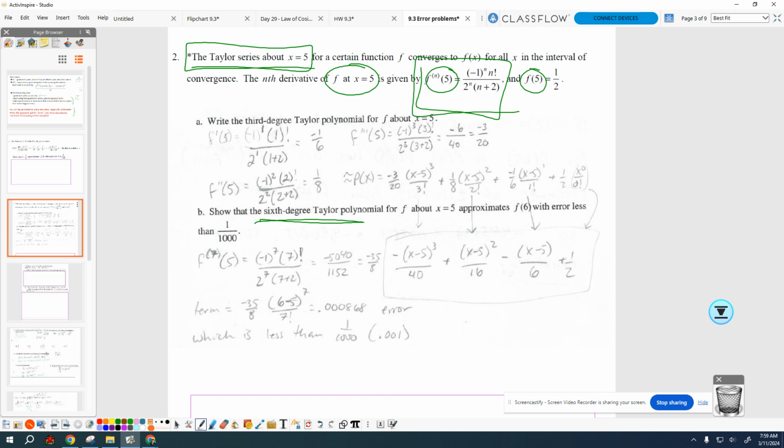Here's this polynomial, and we need to create the error term. So if this is 6 degrees, I need the 7th derivative. So plugging in 7 for n in each of those things carefully.